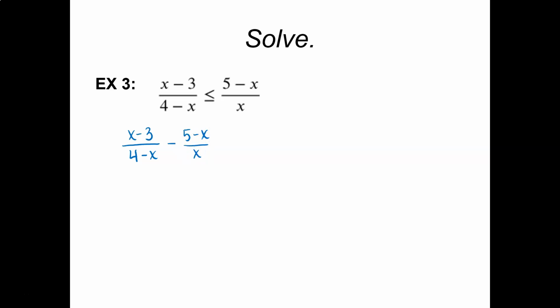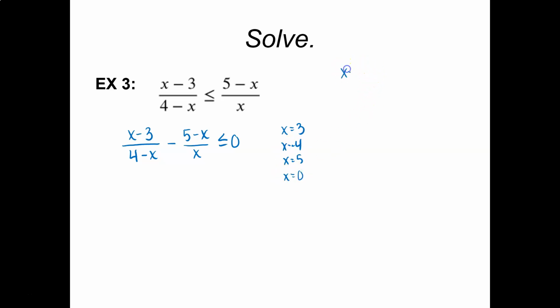Also, let me warn you about this. Not distributing the negative is the number one thing students who know what they're doing are going to do wrong. If you don't know what you're doing, here's what I see students do a lot. They start doing this, so don't write this down, it's wrong. x equals 3, x equals 4, x equals 5, x equals 0.